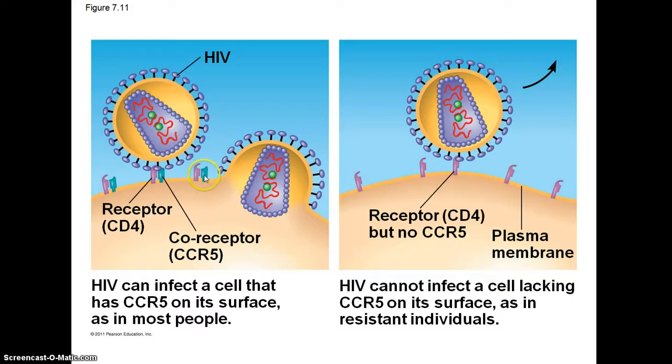These are co-receptors. So in normal people, these co-receptors are required for HIV to bind and infect. However, in individuals who seem to be resistant to the virus, they're lacking CCR5, and the HIV is unable to bind and unable to infect. So we can see then that these surface markers are extremely important.